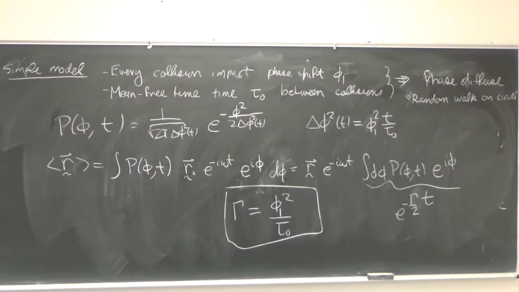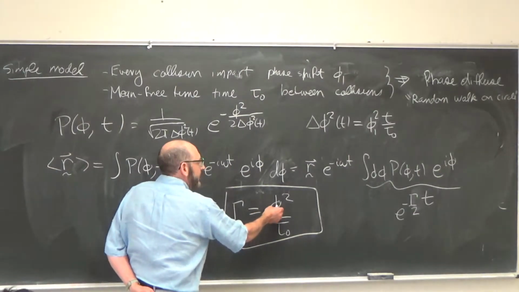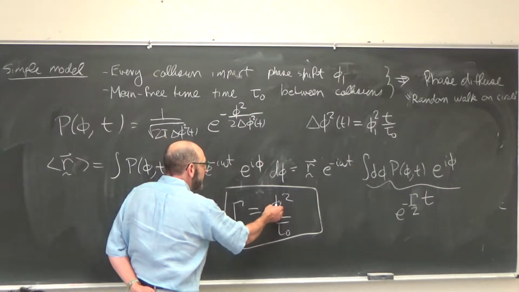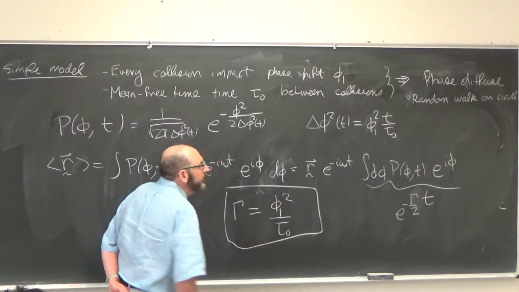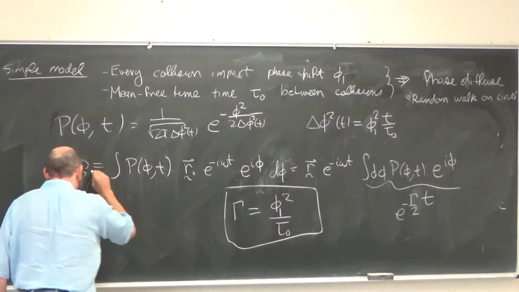So the rate of damping here depends on how big of a kick in phase I get in each collision, as well as the mean free time between collisions. So this is one way we would see damping in a Lorentz oscillator model. This gives rise to a line width in the absorption, as we saw, the thing that was just erased over here.